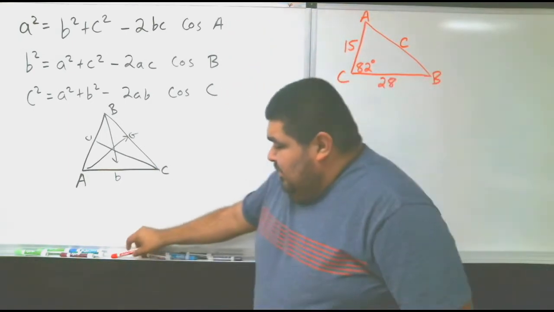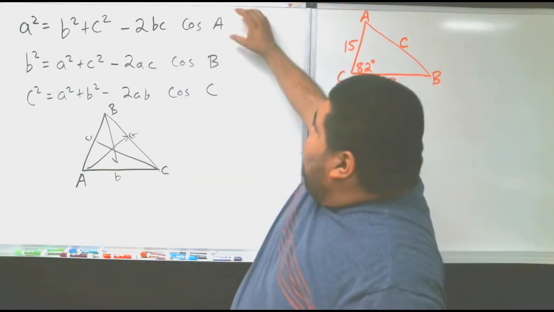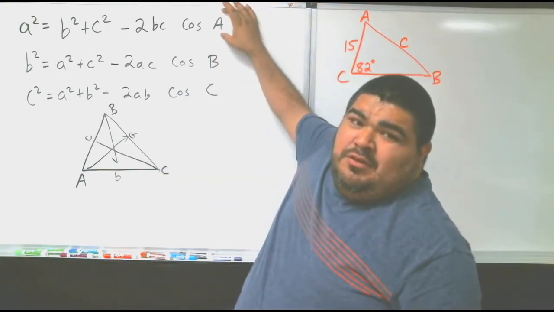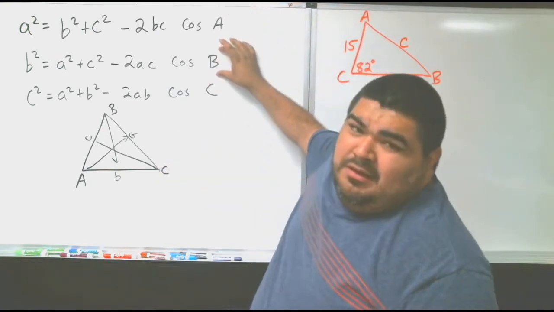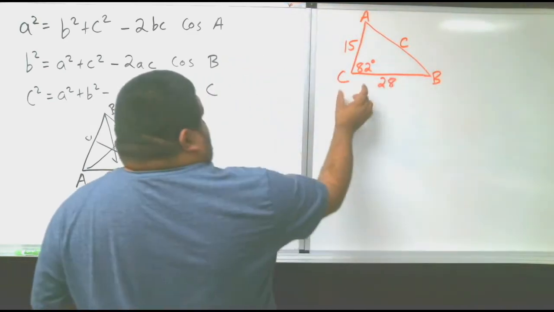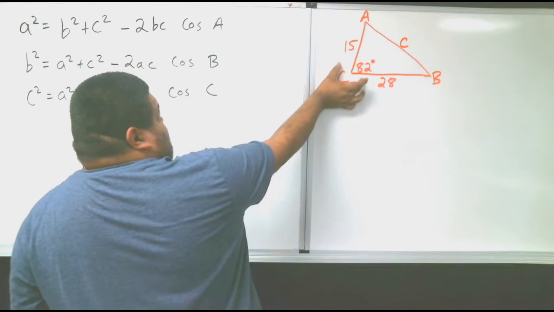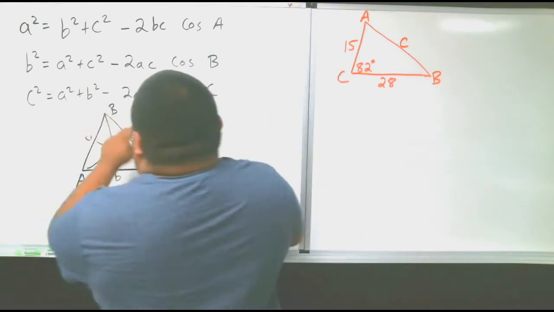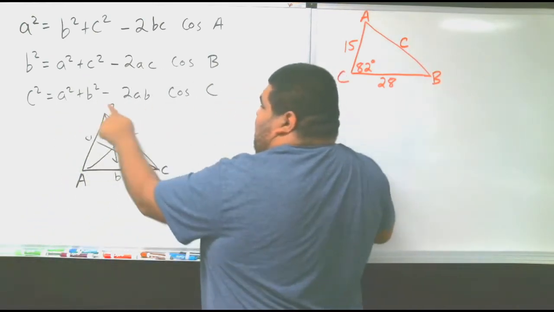Obviously if it gives you angle A, you use the first one, if it gives you angle B, the second, and if it gives you angle C, the third. By looking at our triangle, it gives us angle C. So that means we're going to use the bottom one.